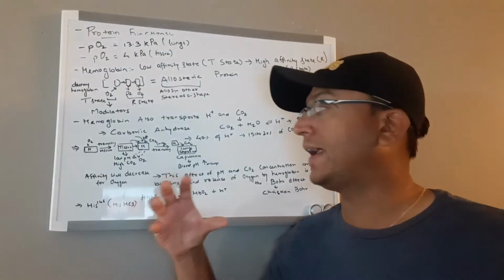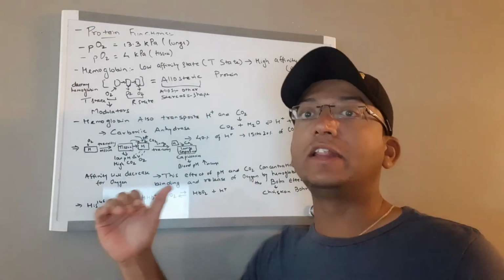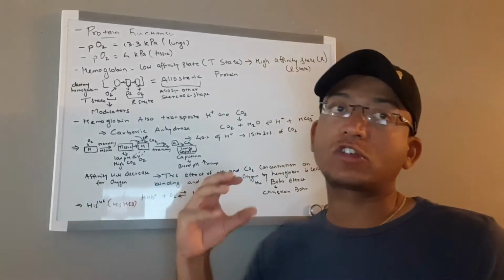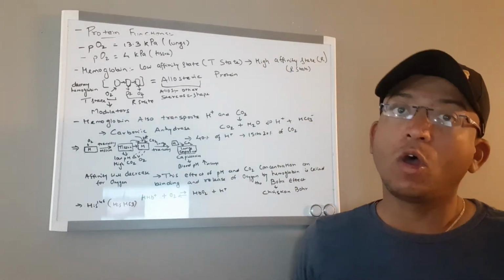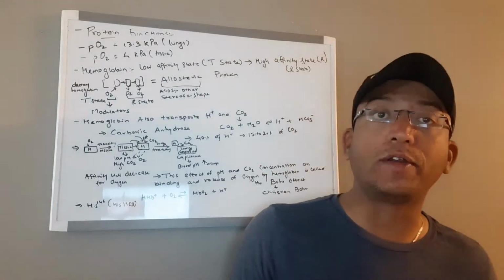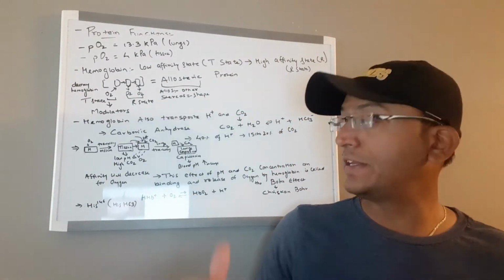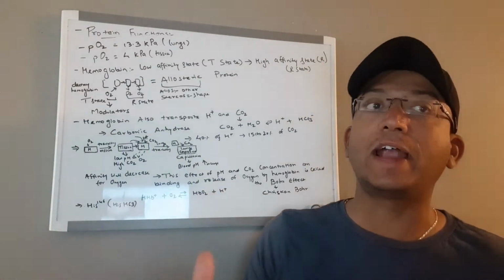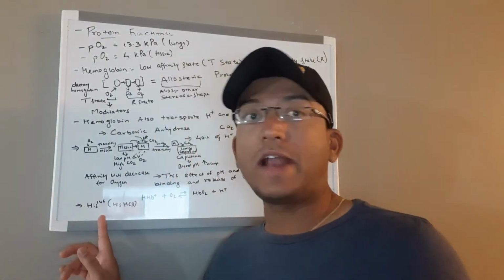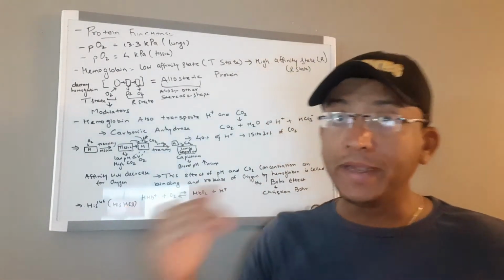So the oxygen binds to the iron atoms of the heme, whereas the proton binds to any of several amino acid residues in the protein. The major contribution to this Bohr effect is made by histidine 146, also known as histidine HC3 of the beta subunit.